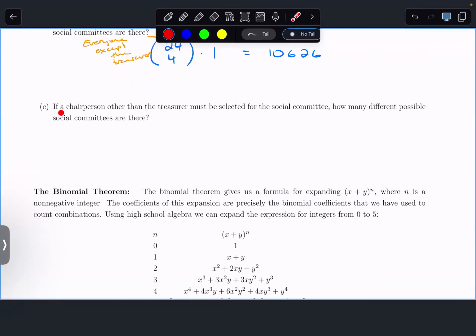I'll tell you. If a chairperson other than the treasurer, so the treasurer is a chairperson, must be selected for the social committee, how many different possible social committees are there? And so here, assume there are a total of 5 chairpersons.